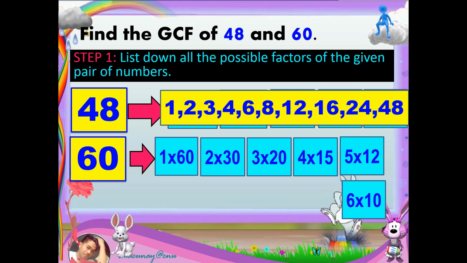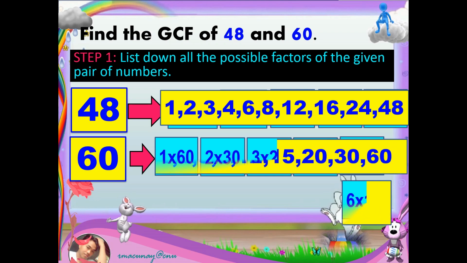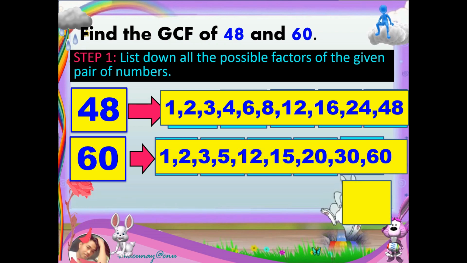And lastly, we have 6 times 10. So these are the factors of 60. By rearranging them from least to greatest, we have 1, 2, 3, 4, 5, 6, 10, 12, 15, 20, 30, and 60.